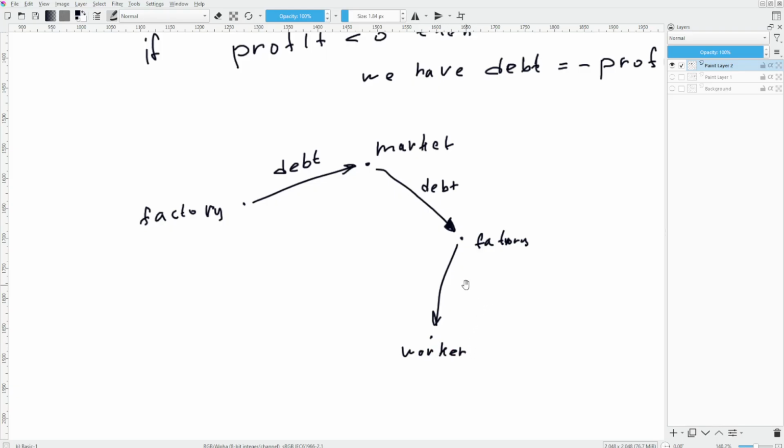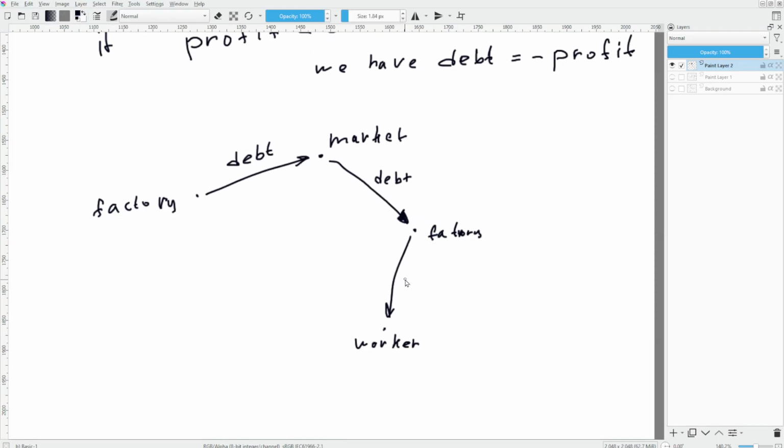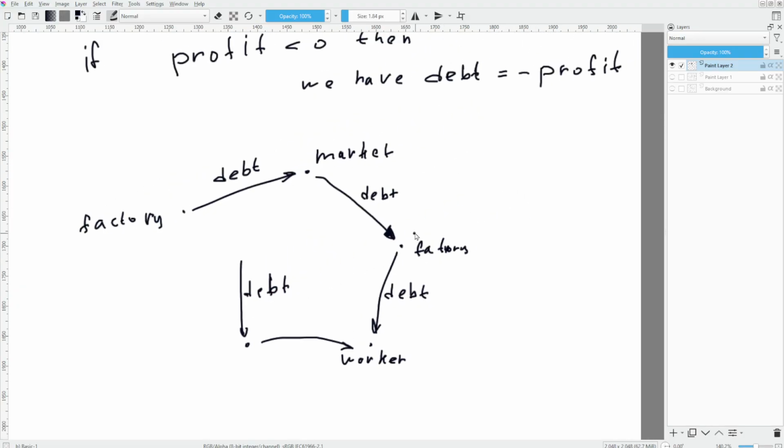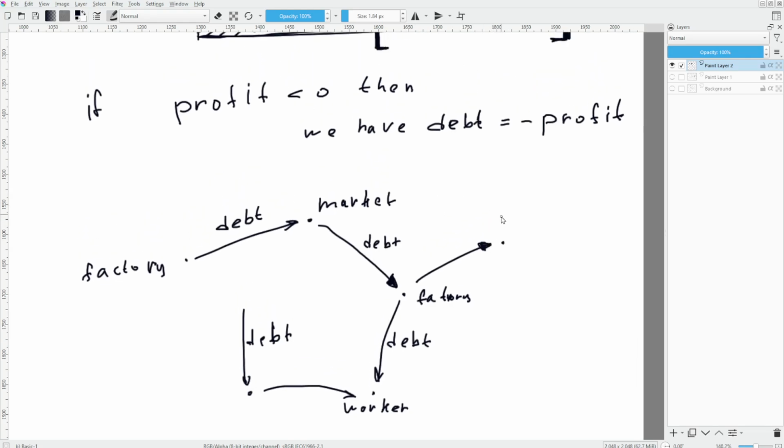It paid them with promises of payment. Someone is indebted to workers again, and this is another debt. And there could be a really complex chain of debt. Sometimes, in a more general simulation, there could be, for example, loops of debt.